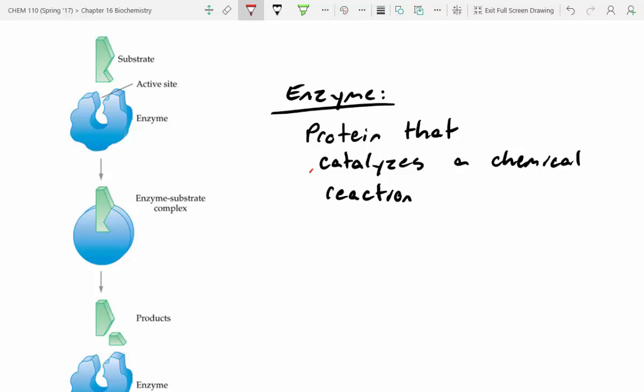So, second question, what the heck does catalyze mean? Does anybody know? If you think about the speed of a reaction, if you add a catalyst, does it go faster or slower? Faster. So it speeds up a chemical reaction.